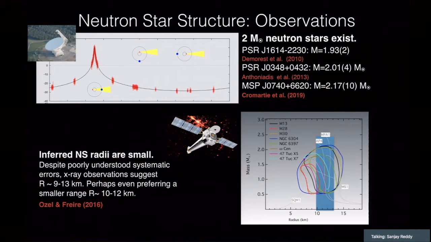However, the problem with trying to use X-rays to measure surface areas is that we don't understand the spectrum of X-ray emission from neutron stars very well. If you made slightly different assumptions for the type of spectrum coming from a neutron star, for example, a neutron star probably has an atmosphere made of hydrogen.